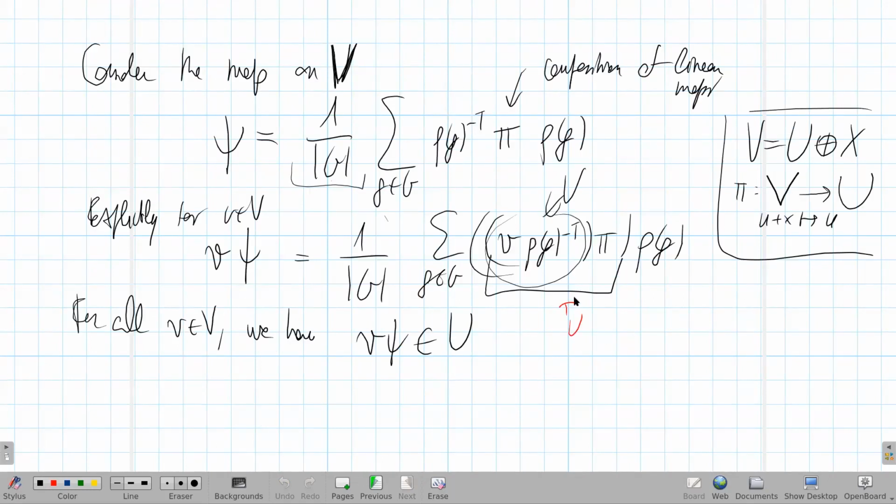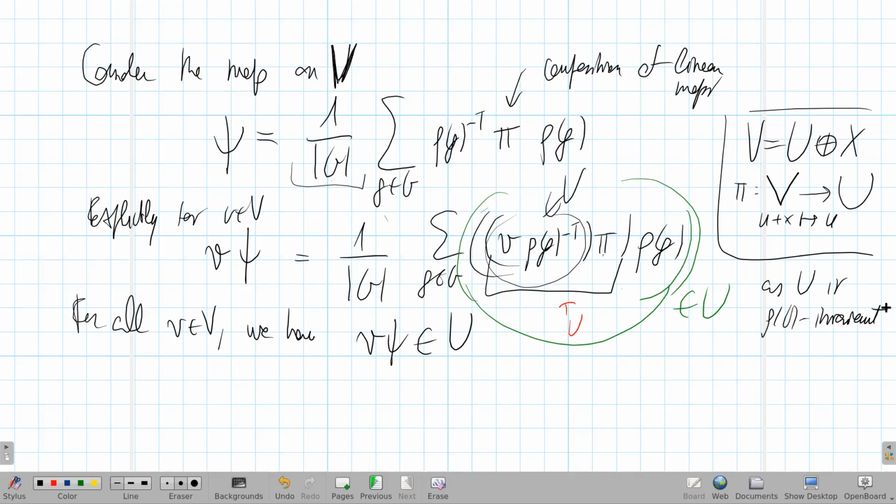So this element is in U because I applied pi, and pi has image U. Once I apply rho G, this also is in U, as U is rho G invariant.